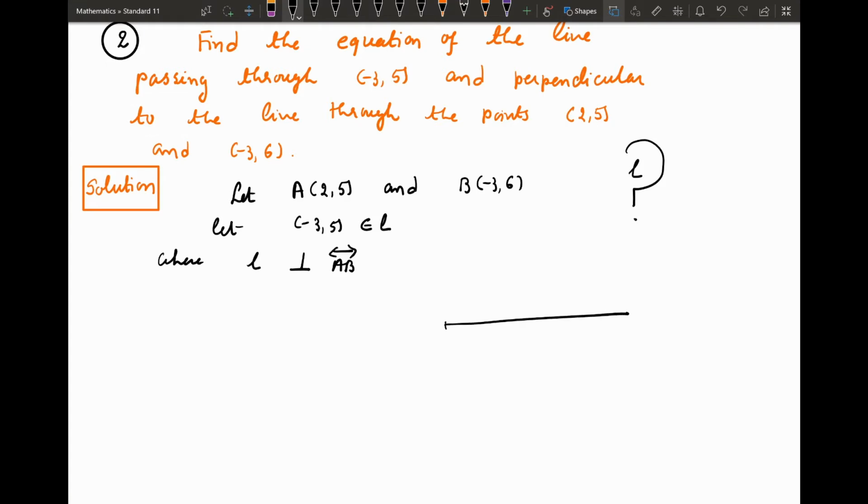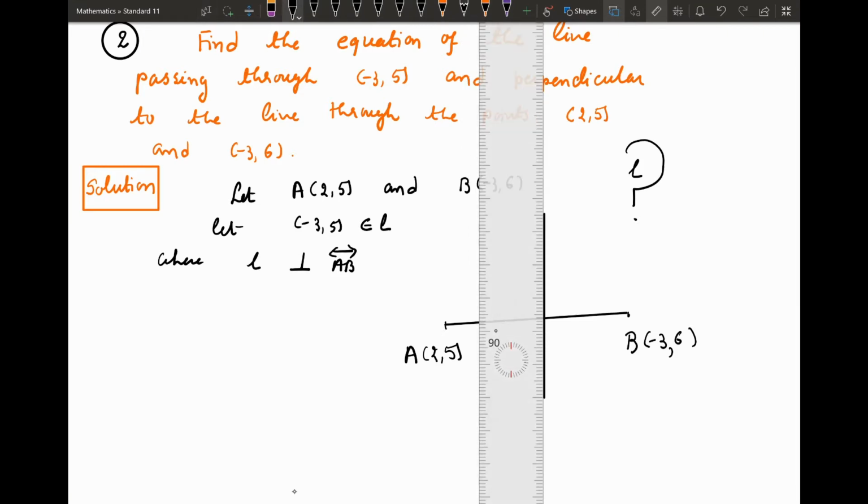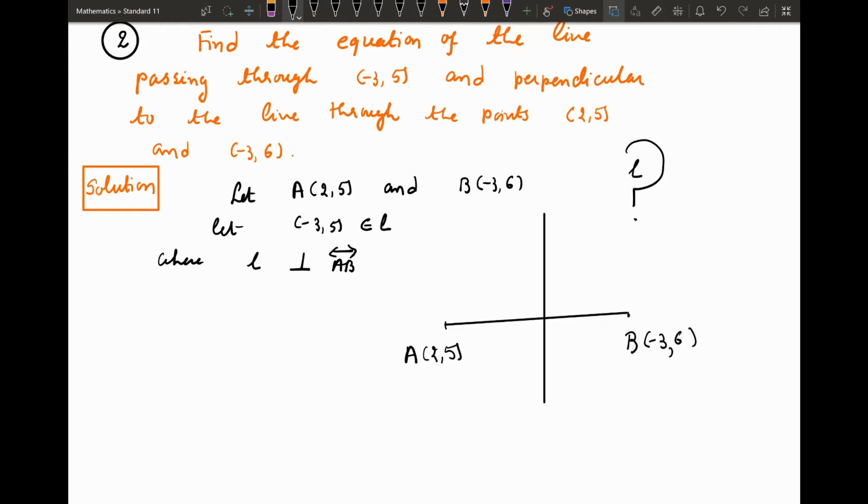We are given A (2, 5) and B (-3, 6). L is the line perpendicular to line segment AB, and this is the point, for example, (-3, 5).